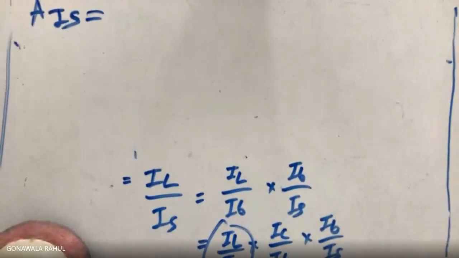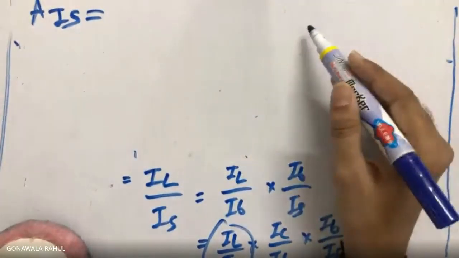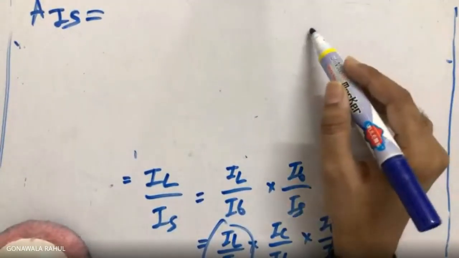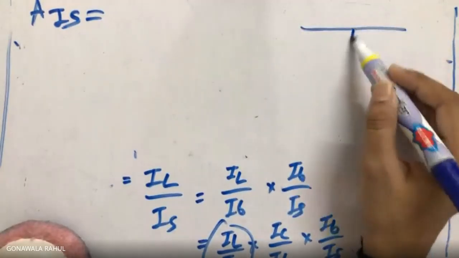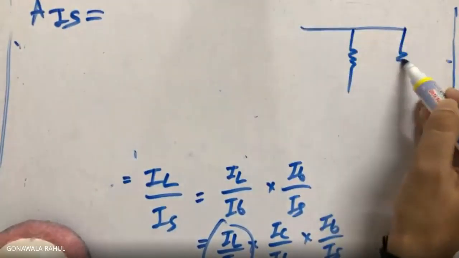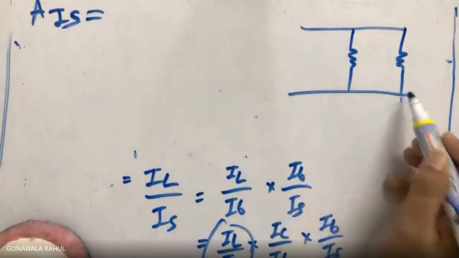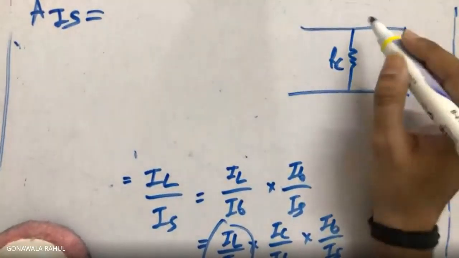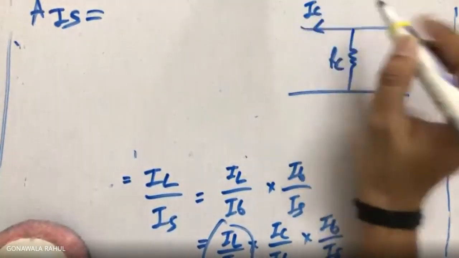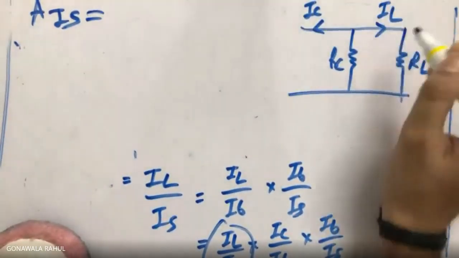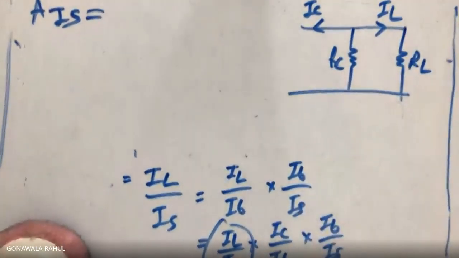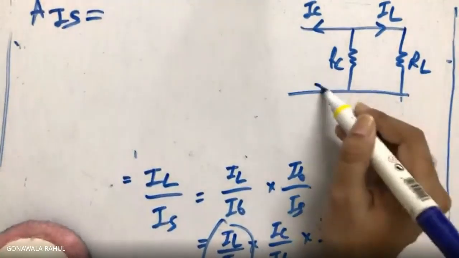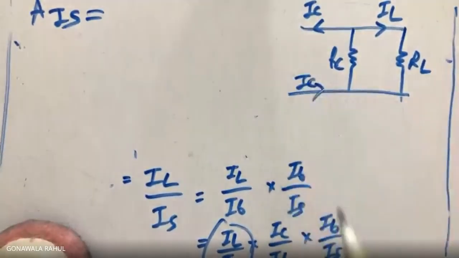At the output side, we had a circuit like this, where this was RC, this was RL. Here is the current flowing direction, and this is the load current. So this is IC. This was the circuit at the output side.